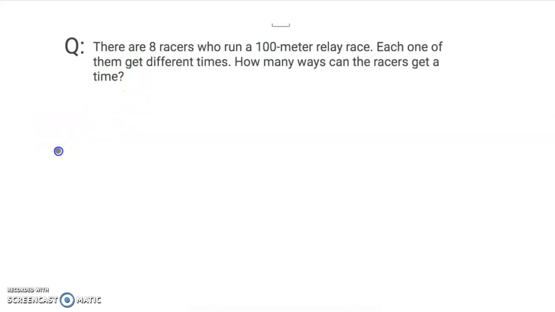So, I'm just going to put 8 dashes here for the 8 racers. 1, 2, 3, 4, 5, 6, 7, 8. Now, there would be 8 times because there are 8 racers in total. So, the first racer could take 8 times.